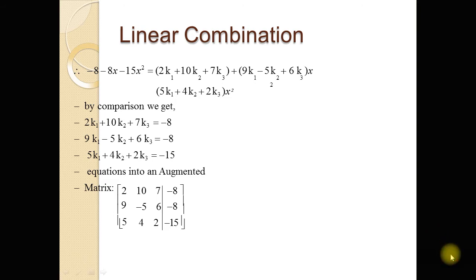By comparison, we get 2k1 plus 10k2 plus 7k3 is equal to minus 8, 9k1 minus 5k2 plus 6k3 is equal to minus 8, and by comparing the coefficient of x square, 5k1 plus 4k2 plus 2k3 is equal to minus 15. This is the system of linear equations in which k1, k2, and k3 are unknown.